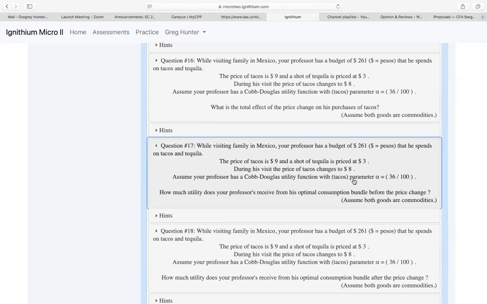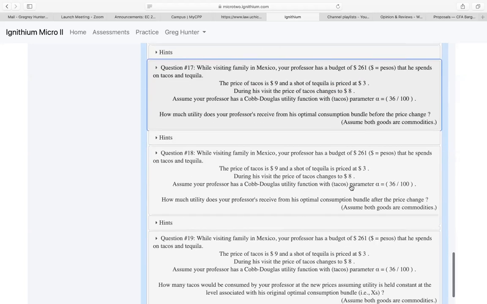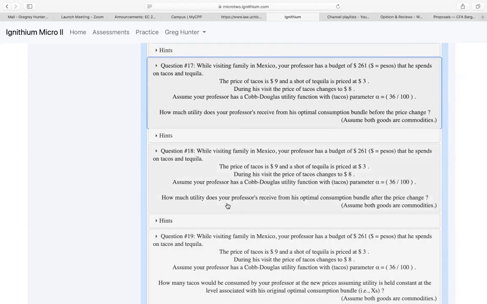So we just substitute those values into the utility function and get a number like we did before. And for 18, we have the same sort of question, but after the price change, so we use the quantities after the price change to compute utility.